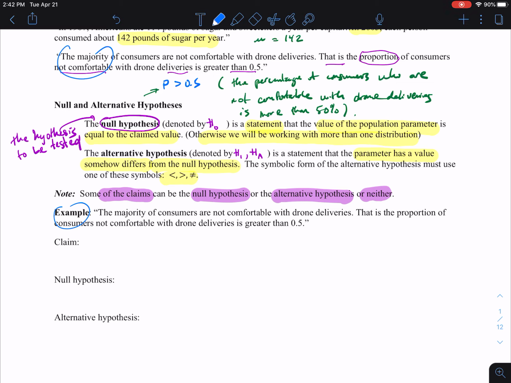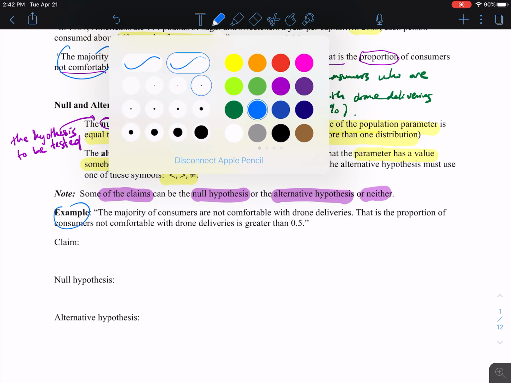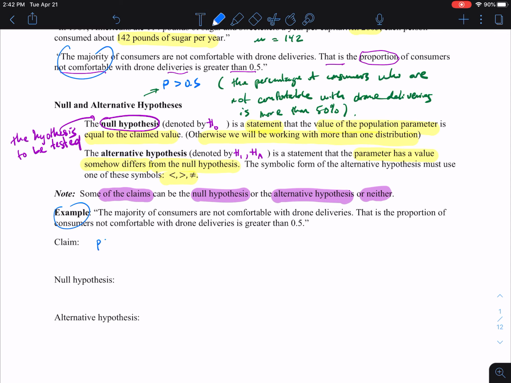That is, the proportion of consumers not comfortable with drone deliveries is greater than 0.5, or greater than 50%. So from that article, from that statement, we extract the claim. In symbolic form, the claim itself is P is greater than 0.5. We say this is the symbolic form because it is in numbers, in mathematical symbols.